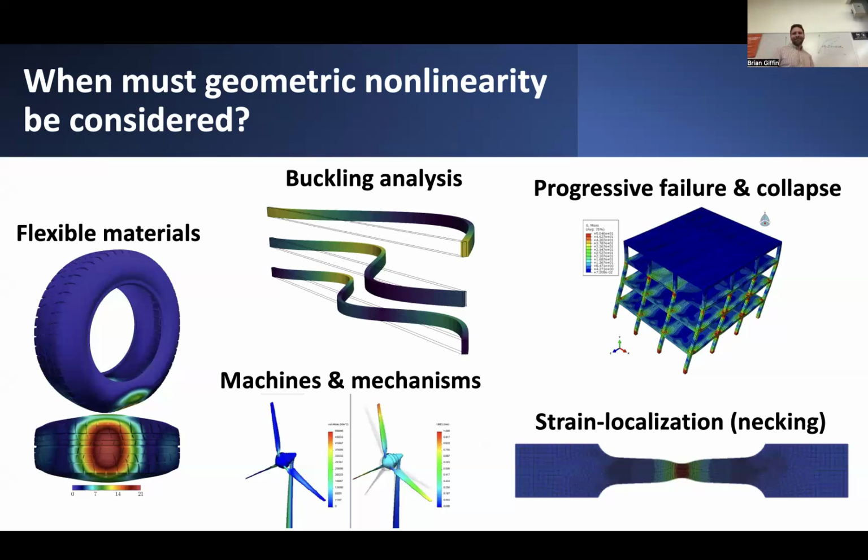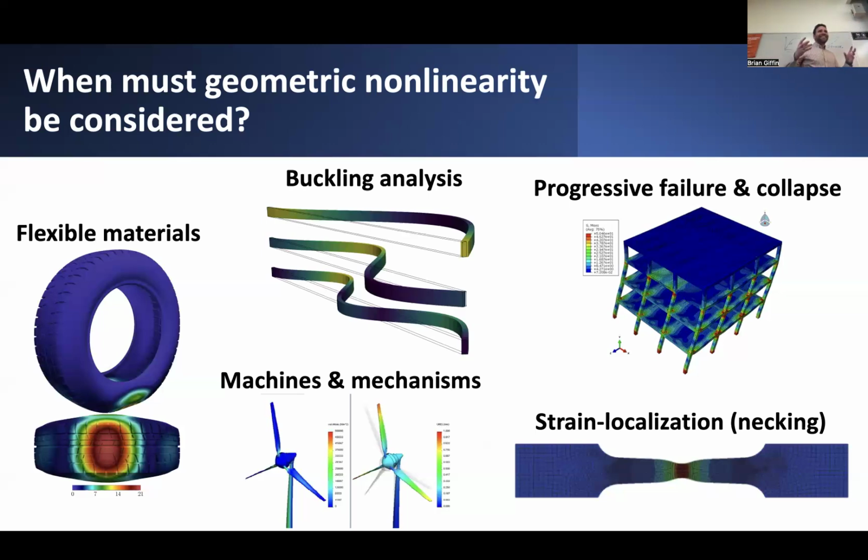It's kind of weird. Other scenarios in which you might need to include large deformations are things like any piece of machinery, where either the structure itself is flexible or can freely rotate or move about, like some kind of machine or mechanism, as you might have, let's say, with a wind turbine, where the turbine is spinning.